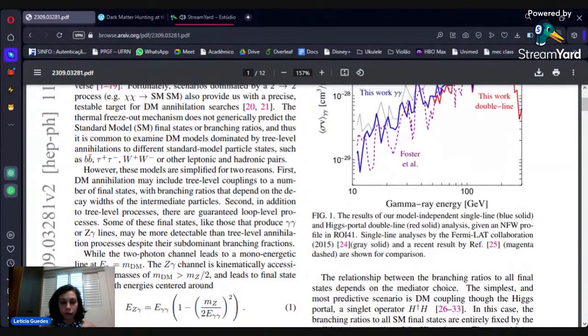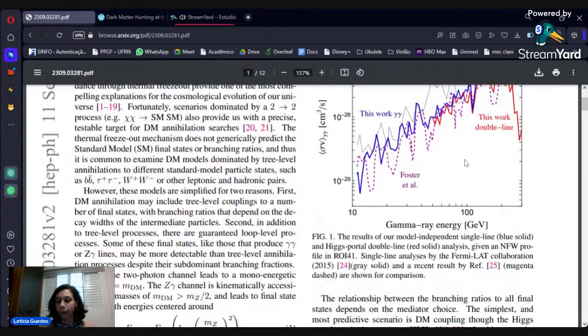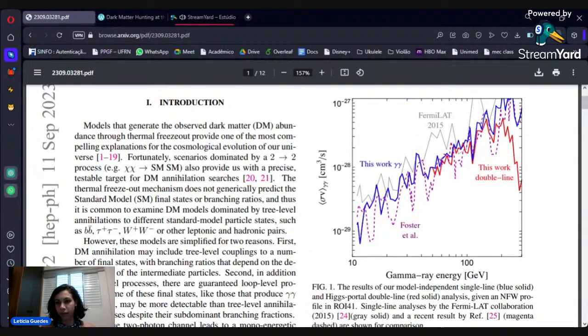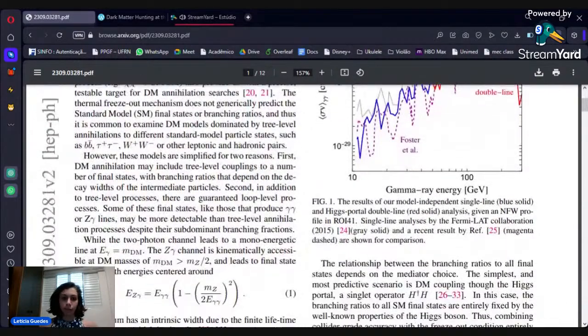So it's a bit different, and it also produces a monoenergetic line, like the gamma. So it uses both of the signals to put more constraints on the sigma v, that is the cross section of dark matter annihilation. This graph I will talk about later, because it's basically the main result of the paper.